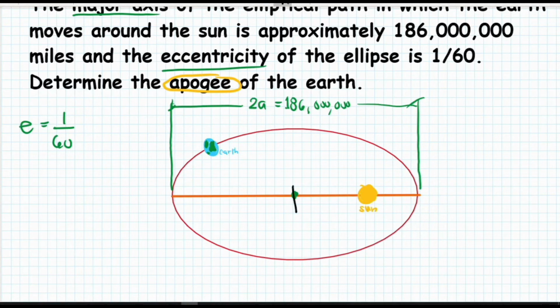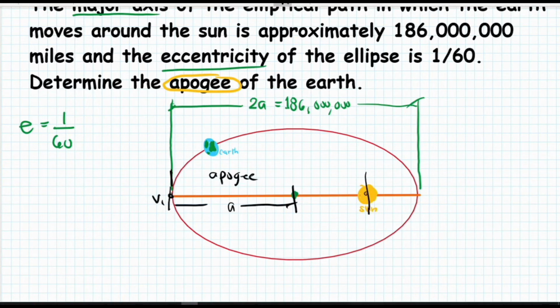So, sa ellipse, alam natin that from the center hanggang dito, we represent that distance as A. Sabihin natin, ito yung vertex 1 natin. So, that is A. Okay? And, ang hinahanap mo kasi is apogee. Ibig sabihin, from the sun hanggang dun sa pinakamalayong nararating ng Earth mo, which is, ito yun. This is your apogee.